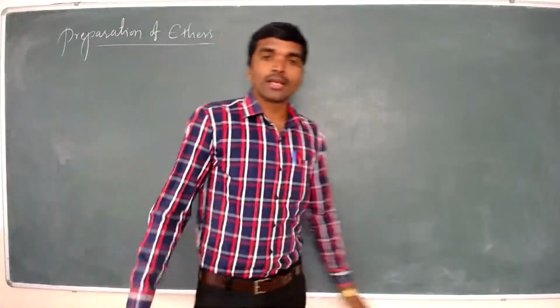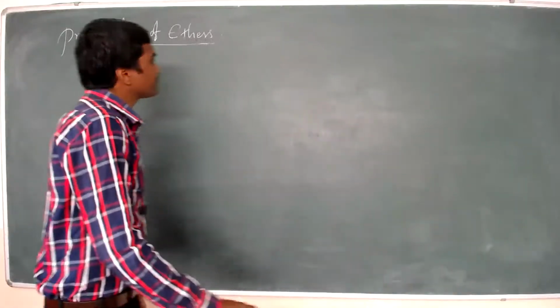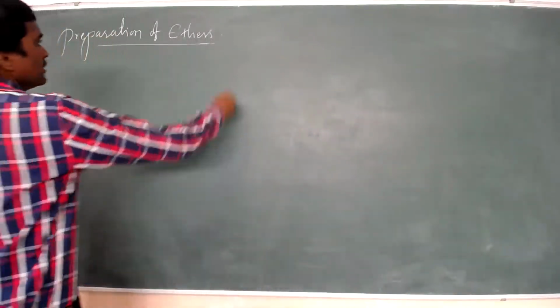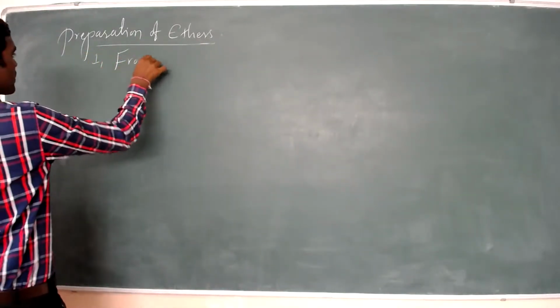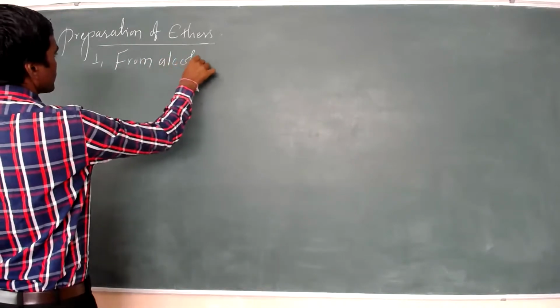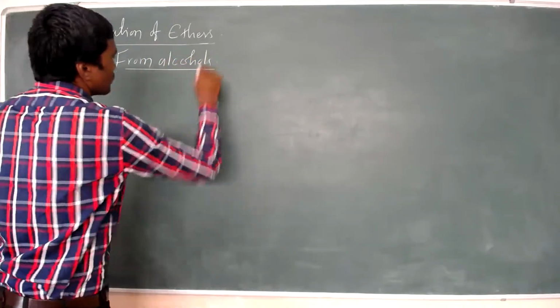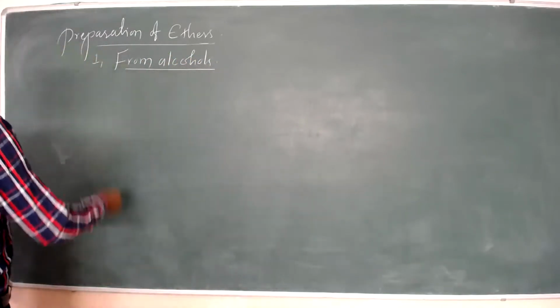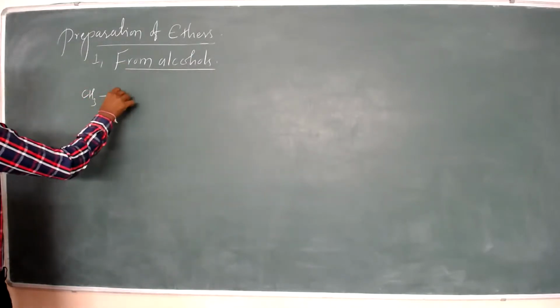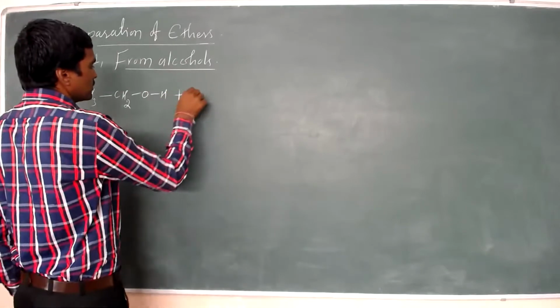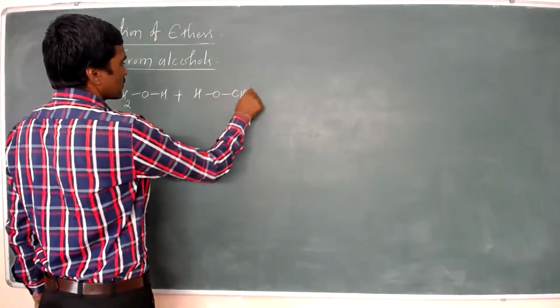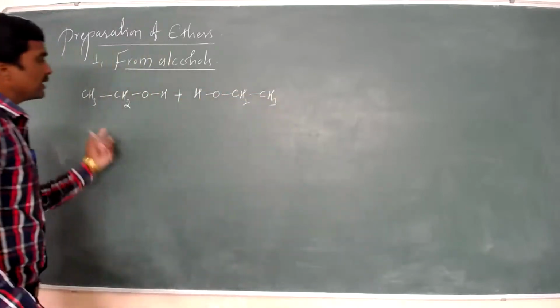Now see, in this preparation of ethers, first one is from alcohols. CH3CH2OH, ethyl alcohol. I have taken here 2 moles.